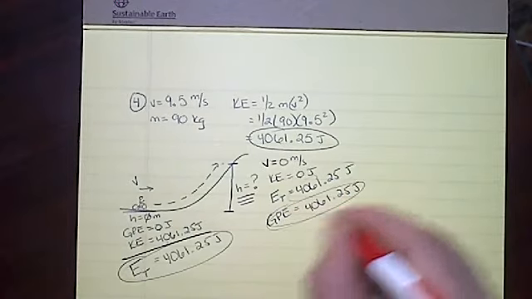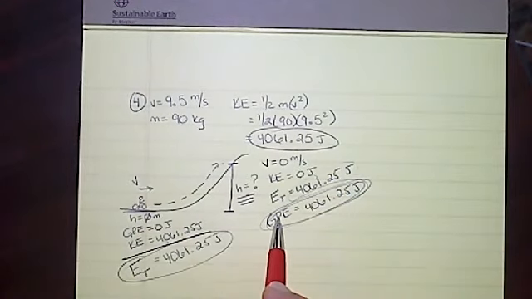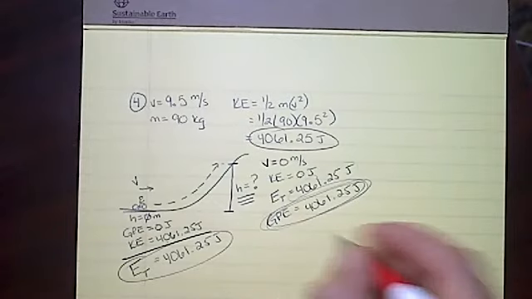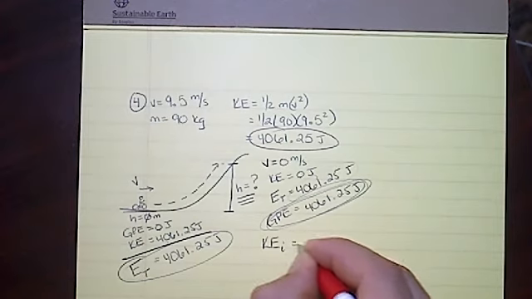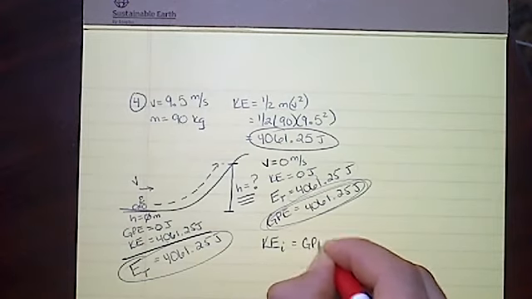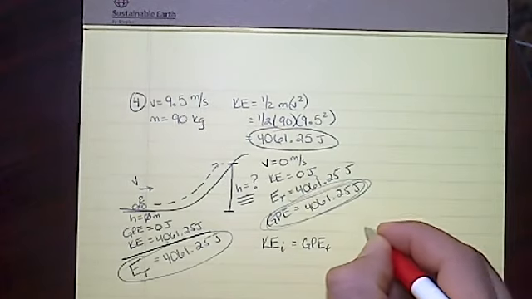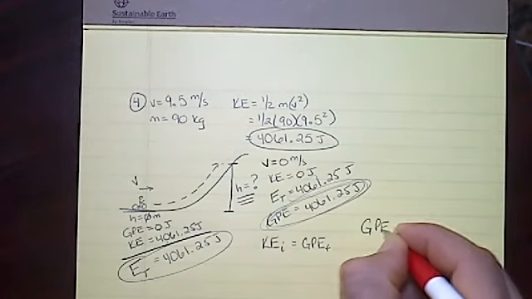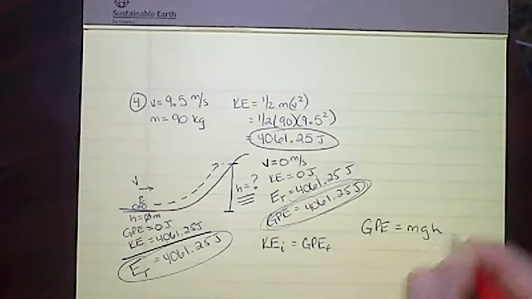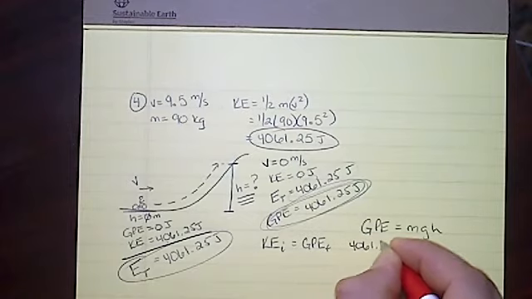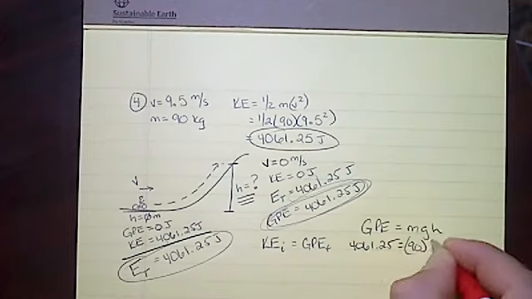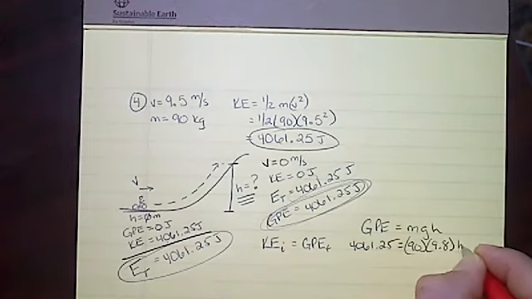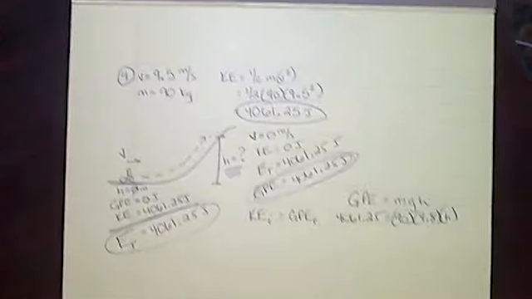So just by making this connection here, we can now solve for the height he will reach, because we know all the KE initially is now going to equal all the GPE finally. So GPE equals mgh. 4061.25 equals the mass 90 times 9.8 times some h.